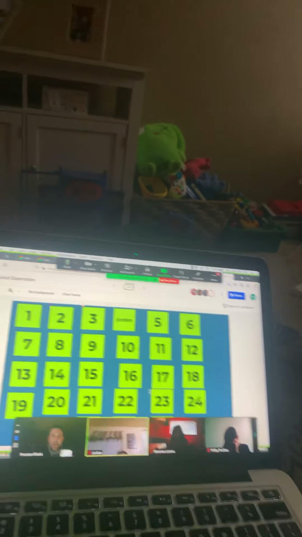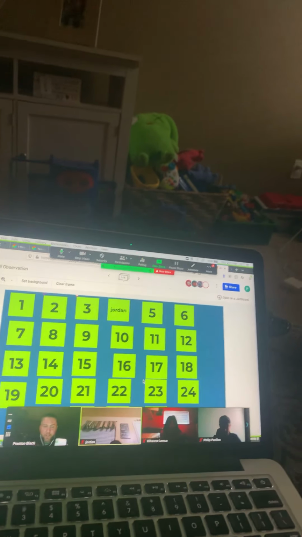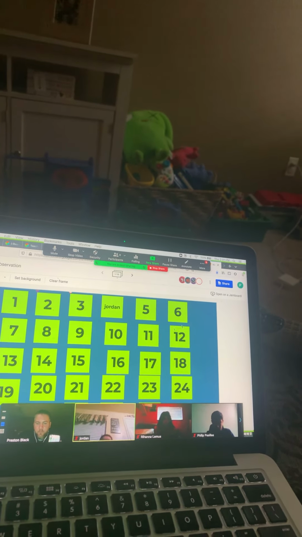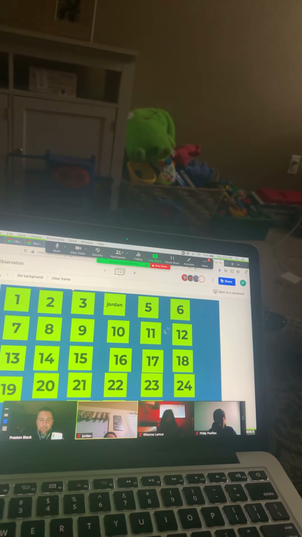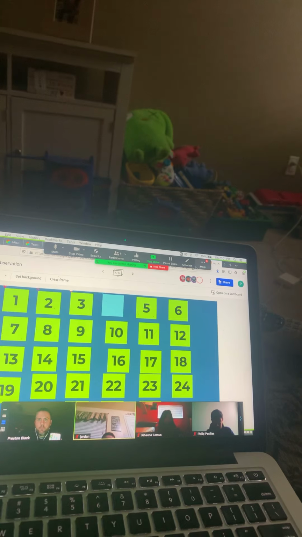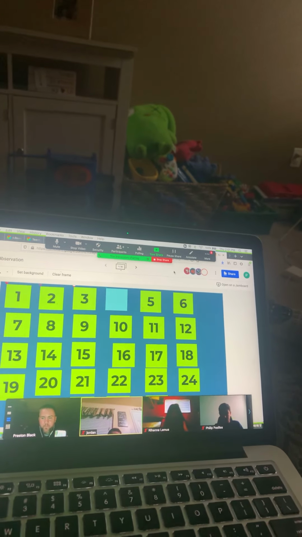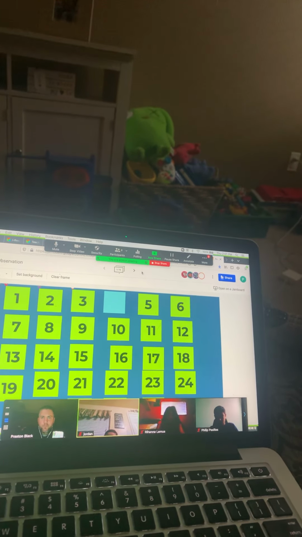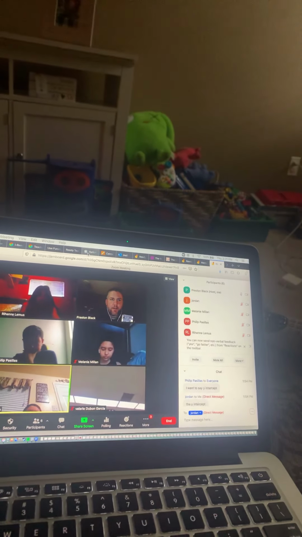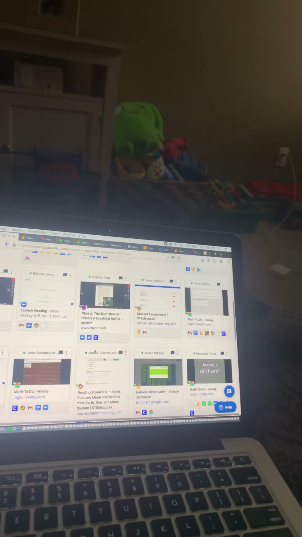How does the slope and rate of change compare to each other in a linear function? So let's see, I can stop sharing here. I can see their screen if I go here.